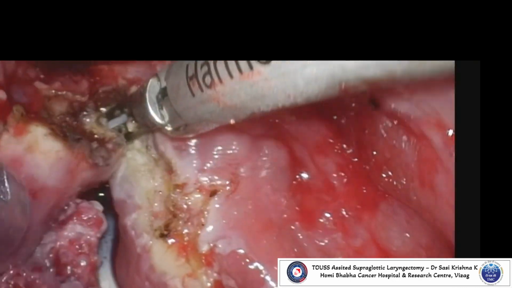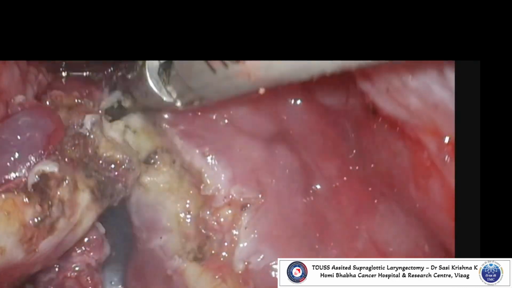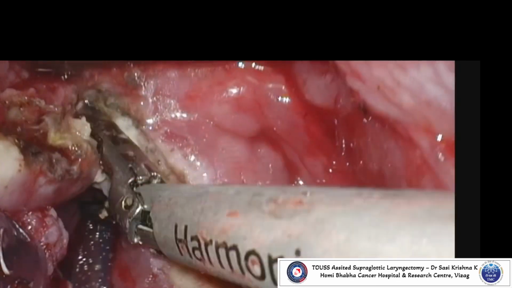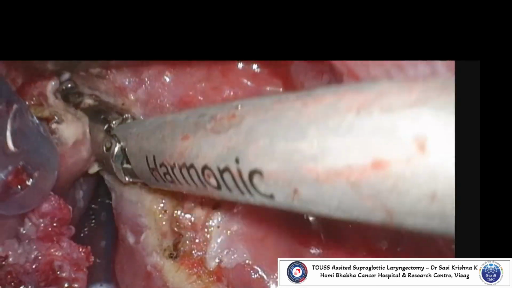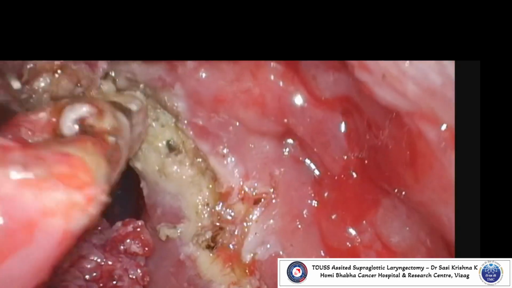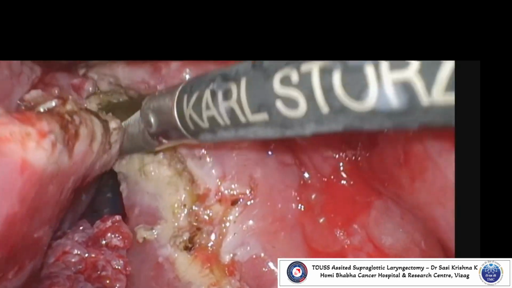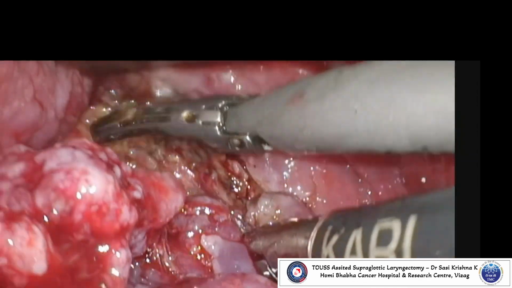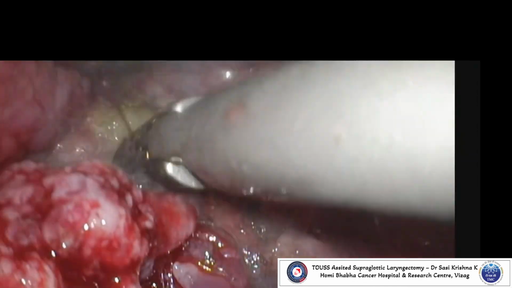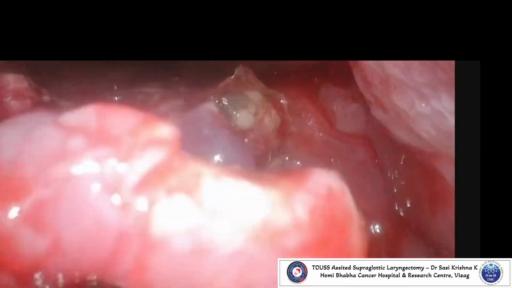Now we are progressing our mucosal cuts towards the petiole of epiglottis. Final soft tissue attachments with the preepiglottic space are released. Petiole of epiglottis is incised using a fine laparoscopic scissor. Further dissection continues in the preepiglottic space using the harmonic scalpel.